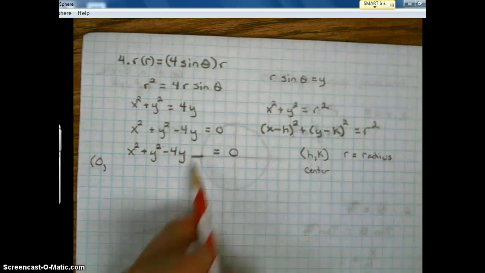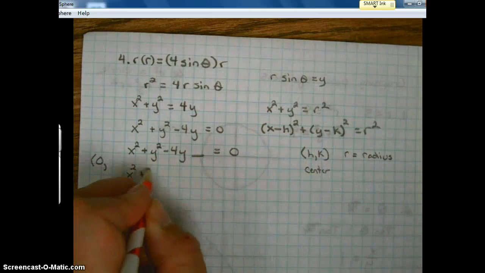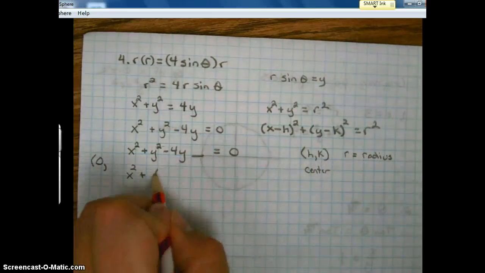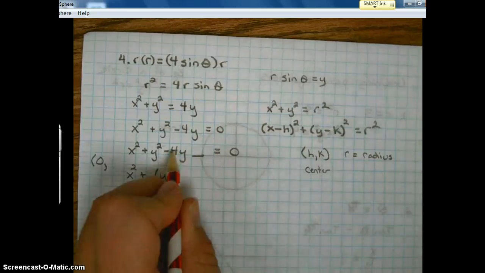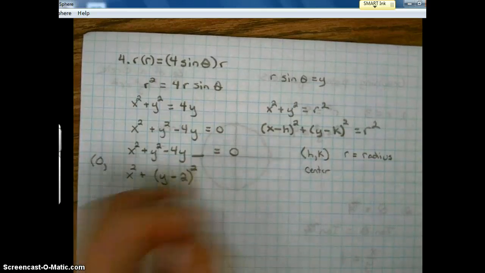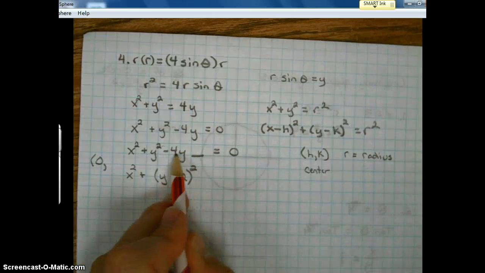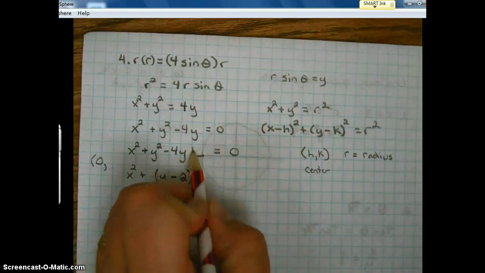The way I teach it is I leave a blank. Then I start to convert. So we convert it to the form of y minus half of 4, which is 2. Take half of your middle term, 2, and then we have to square the 2. 2 squared is 4.